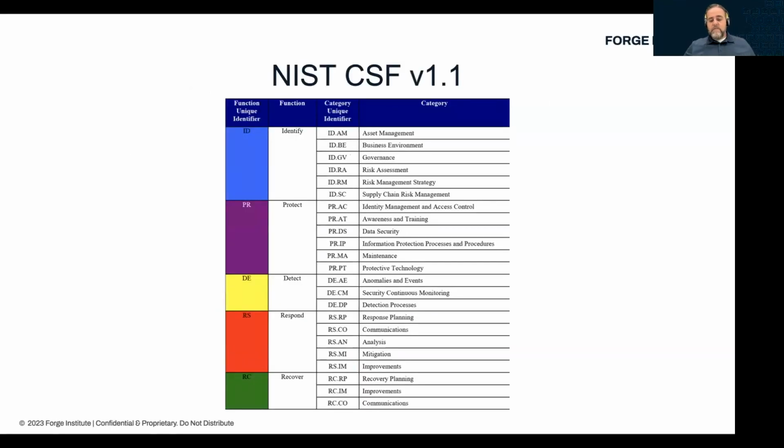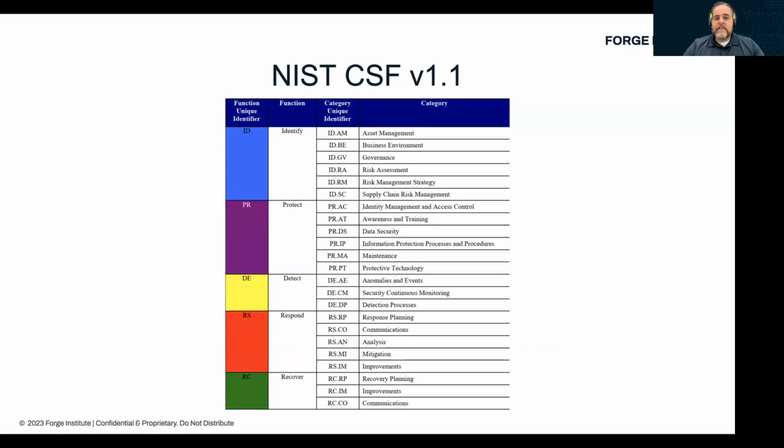And so when we talk about controls, there are different aspects. What you're seeing now is a table of contents sort of chart, and we're not even at the control level yet. We're talking about functions, which is a timeline of a breach, where we can look at identify, protect, detect, respond, and recover.